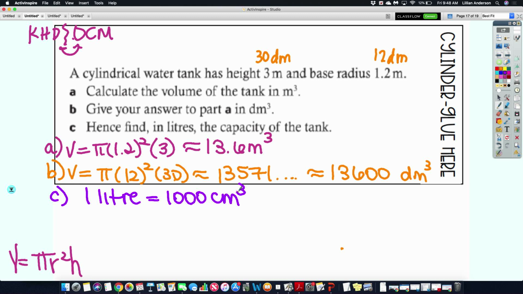Okay? So, which way do you want to go? Do you want to take the meters cubed or the decimeters cubed to figure out what it is in centimeters cubed? Do you want to go back to the original units, or do you want to try to move it over? Like, they would just go from 13.6 meters cubed to centimeters cubed? And how do I do that? Do I move it over twice?